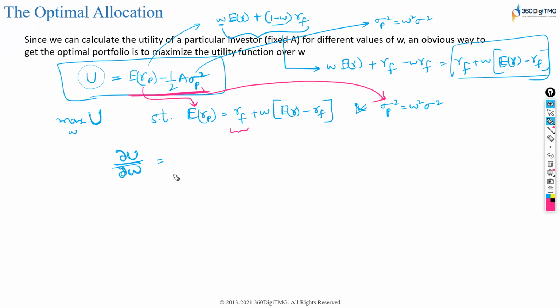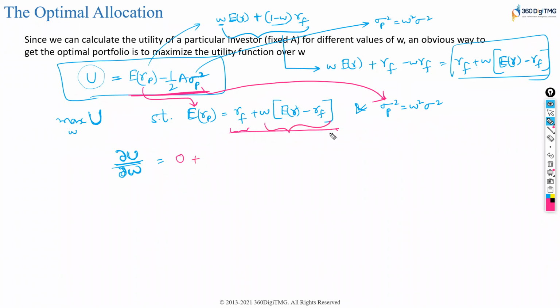If you change the weight and then see by what rate utility is changing, then you write it as this, ERP has this, right? So let's find the derivative of this. Derivative of RF with respect to W will be 0. Why? Because RF is considered to be constant. Constant in the sense 5%. Derivative of any constant is equal to 0.